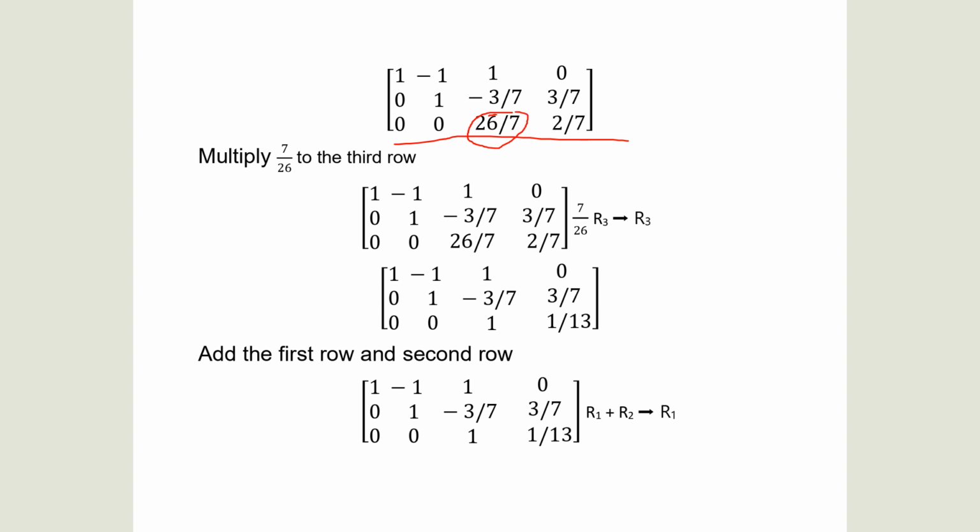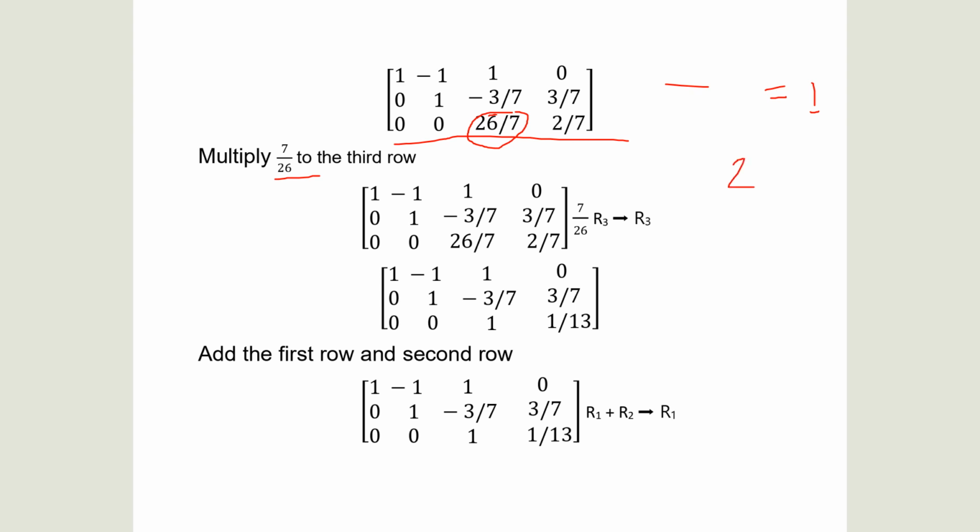And we need to get the leading coefficient of it. That's why we need to multiply that by 7/26. Because if they have the same value of the numerator and denominator, the quotient would be equal to 1.